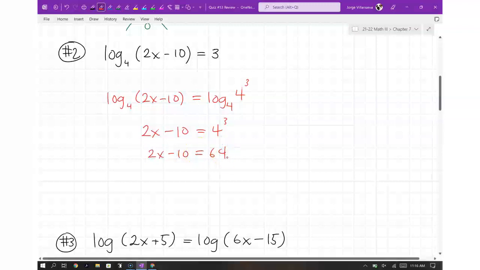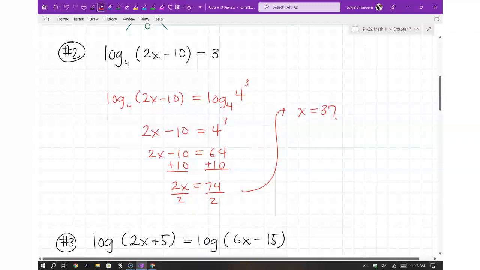And then just start solving for x like you normally would. So add 10 to both sides. That's going to give you 74 equal to 2x. And then divide by 2 and you're done. So if you divide by 2, you get x equal to 37.